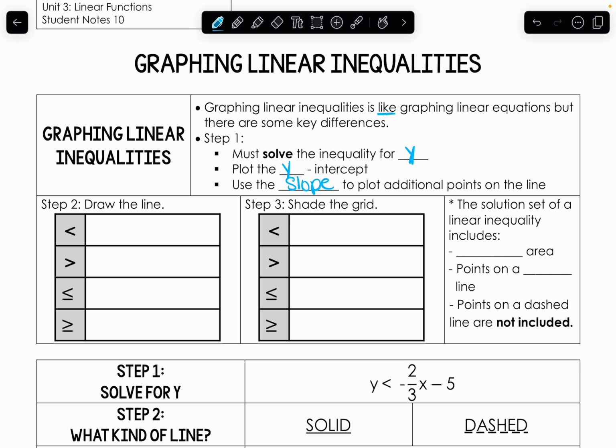So first, you're going to solve the inequality for y. When you solve the inequality for y, just remember that you flip the symbol when you divide by a negative.